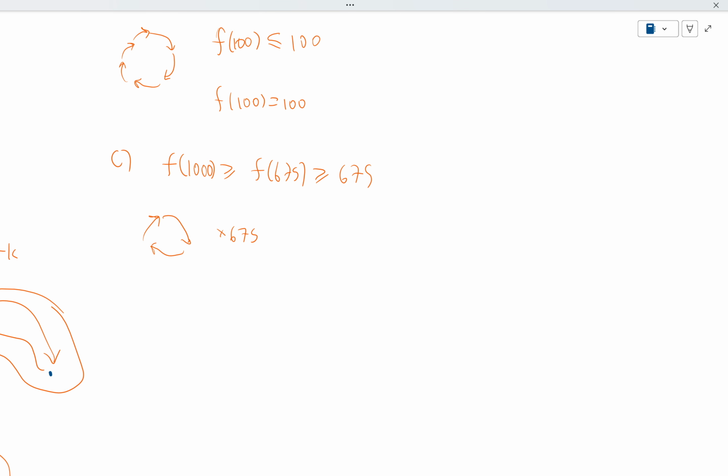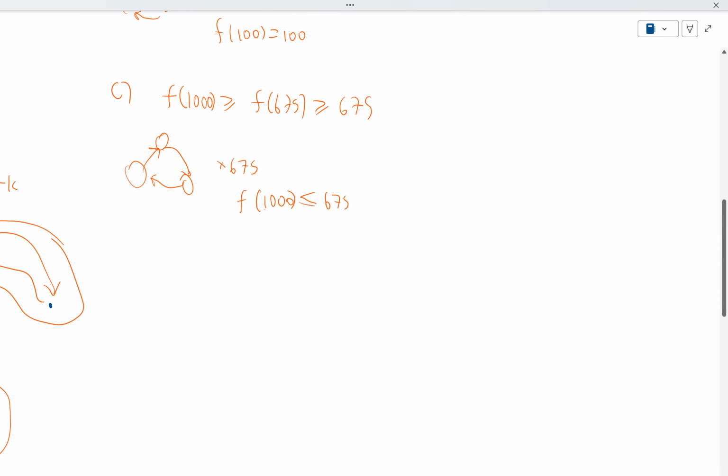And no matter how many people Veronica chooses to remove from these people, it's always no more than 1 point, right? So Veronica can't score more than 675 points. That means f of 1000 is also no more than 675. That means that f of 1000 is equal to 675. So part C is also done.